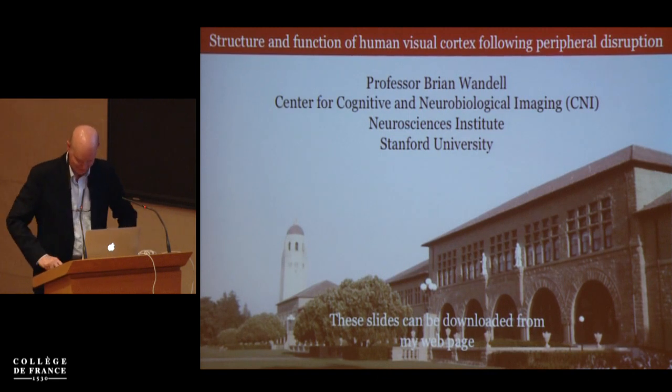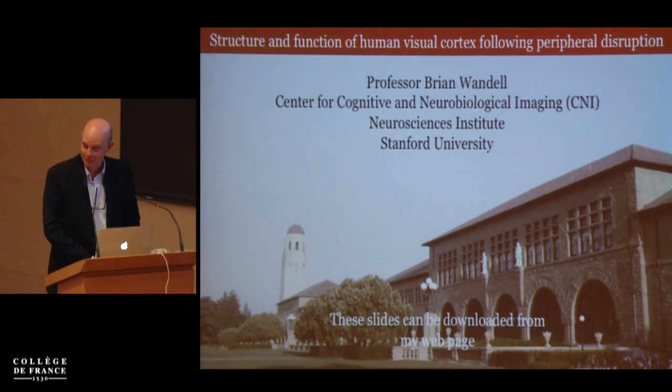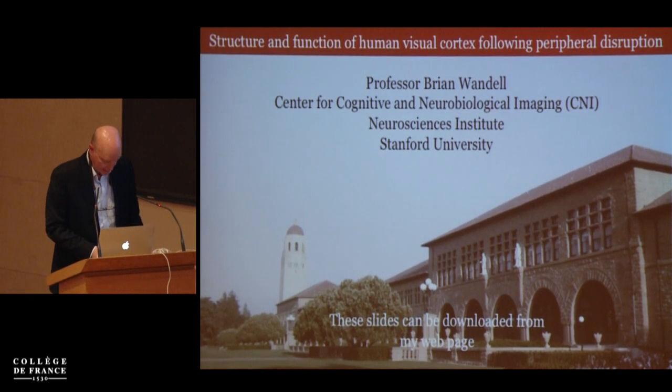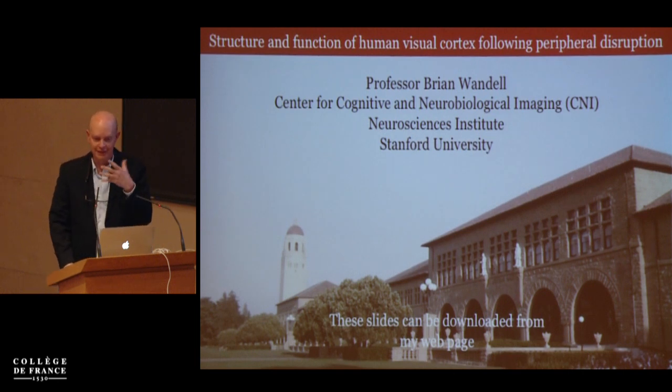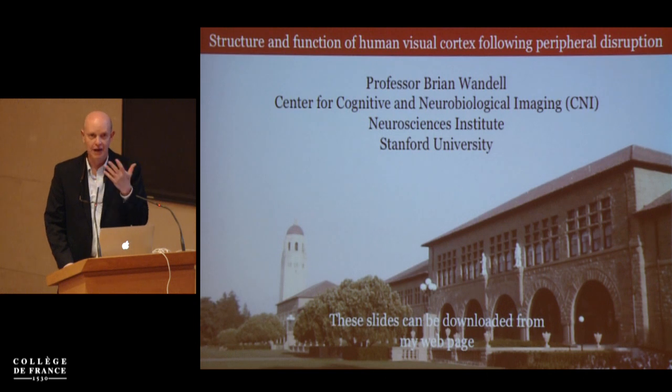It's nice to have a chance to chat with many of you. I'm going to tell a series of stories for this presentation. Each will be a little vignette, a little incident, a measurement from which I feel I learned something about cortical plasticity and visual plasticity in particular.